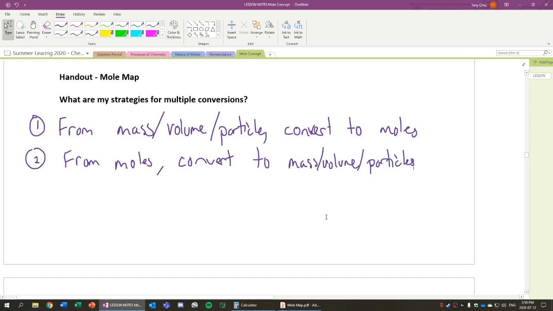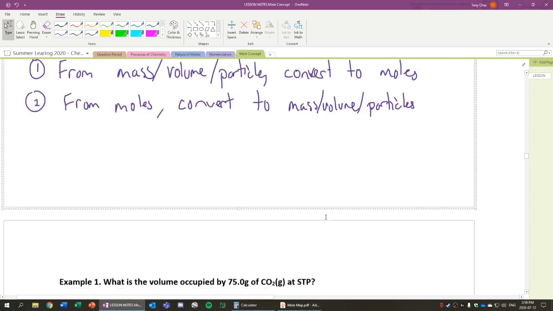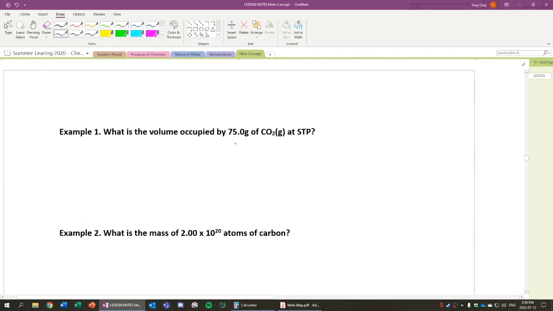So let's take a look. What is the volume occupied by 75 grams of CO2 at STP? Currently we're at mass, and we want to get to volume. In order to do that, we first have to get to moles. How do you get from mass to moles?